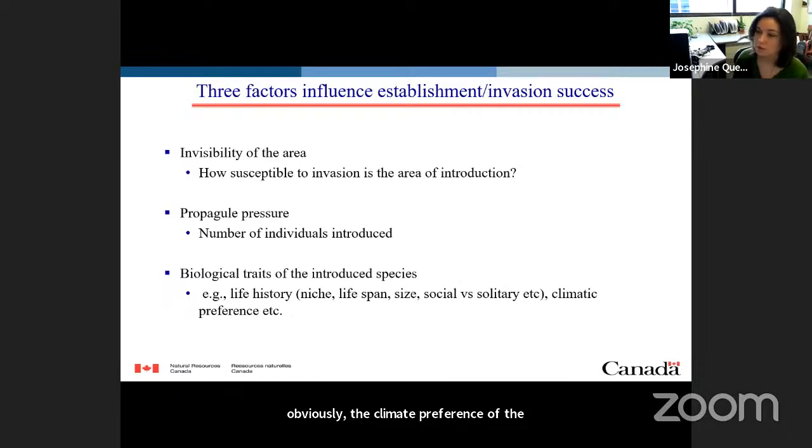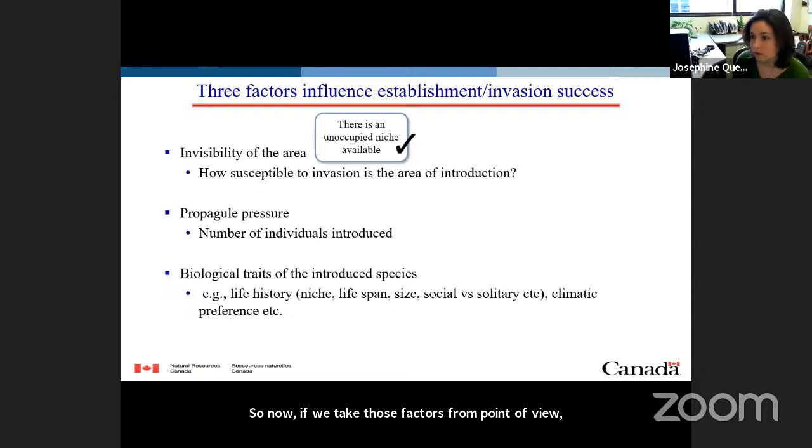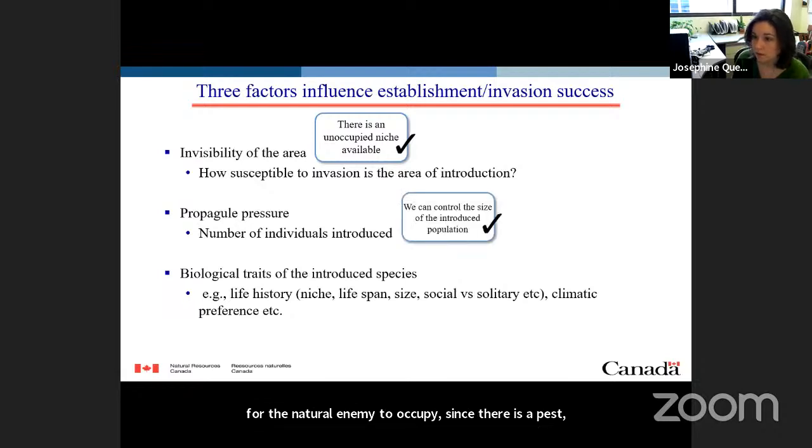So now if we take those factors from the point of view of biological control, regarding the invasibility of the area, we know that there will be an unoccupied niche for the natural enemy to occupy, since there is a pest we need to manage. In terms of propagule pressure, we can control the size of the introduced population.